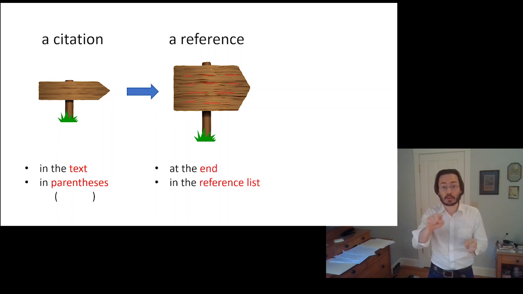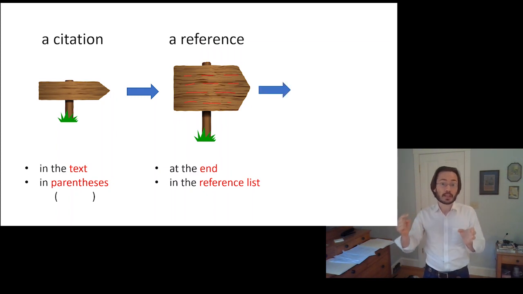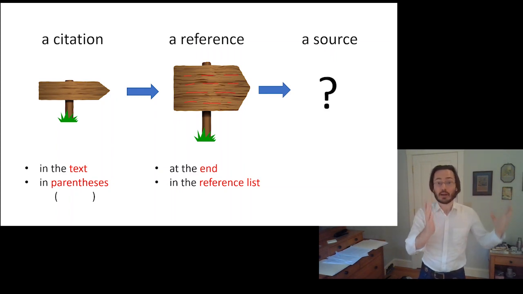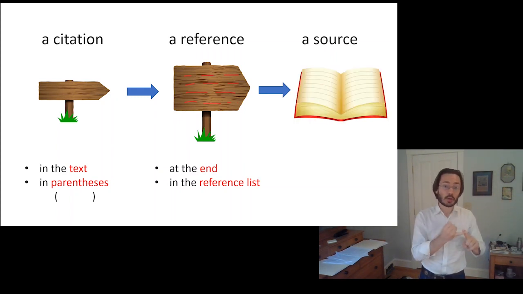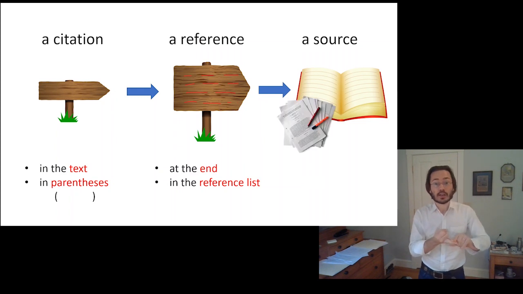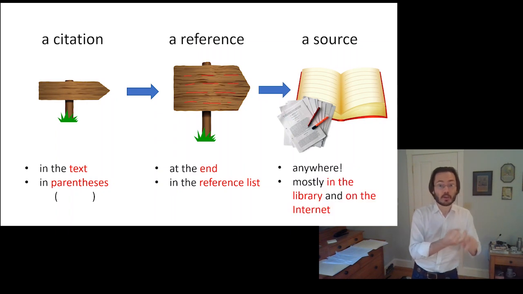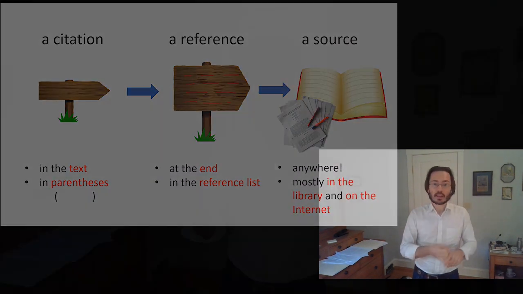It has a string of information on it. And what does that reference do? It points us to the source, which could be anything, but is likely to be a book or an article. And it could be anywhere out in the world, but we're likely to find it in the library or on the internet. Okay, guys, those are the very basics of citations, references, and sources.